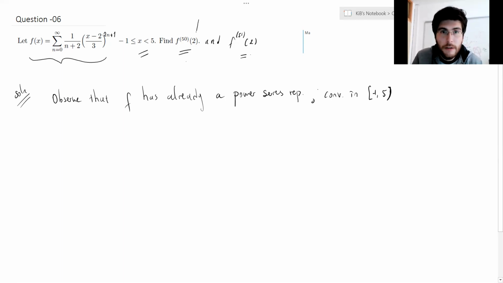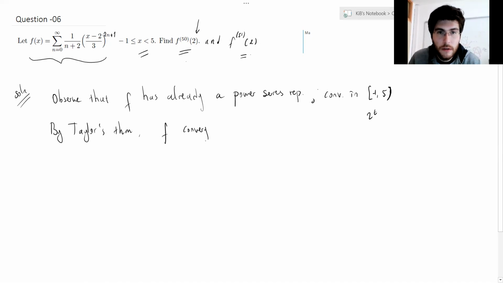Therefore, for the value x equals 2, we are done. 2 is in this interval, so we can use it. By Taylor's theorem, in this radius of convergence, we know that f converges to its Taylor series representation.